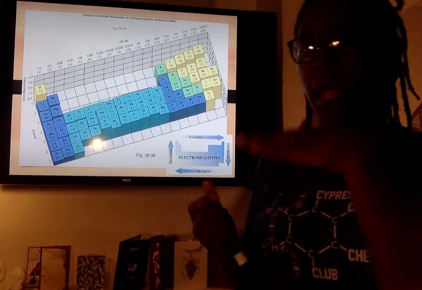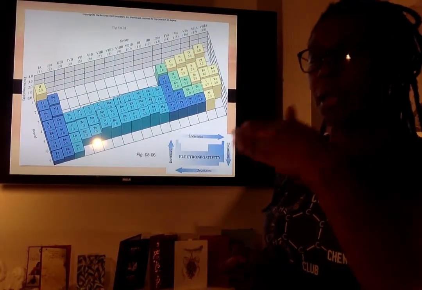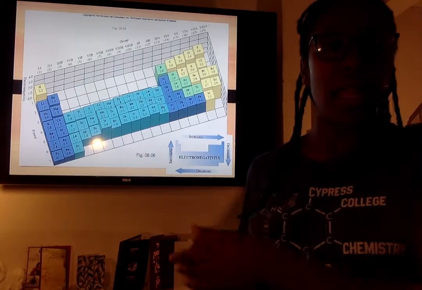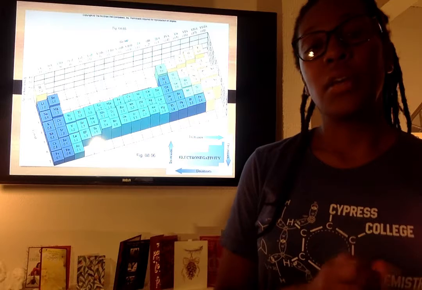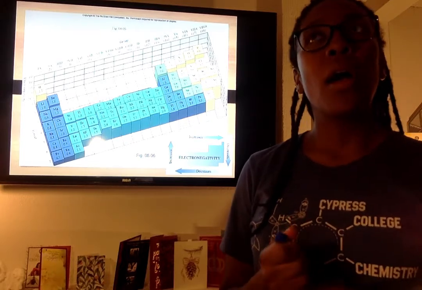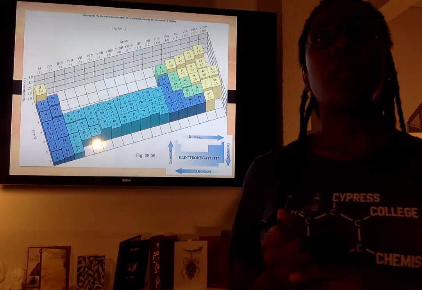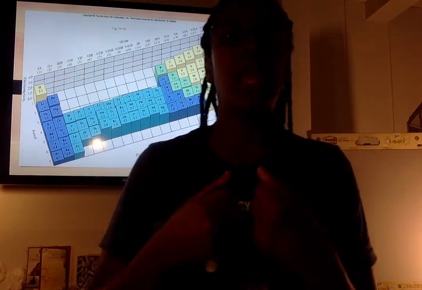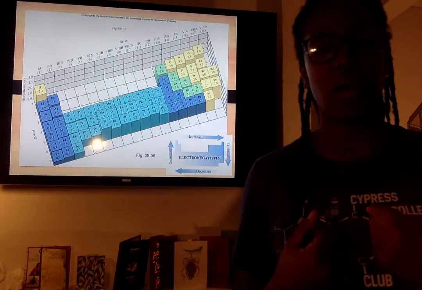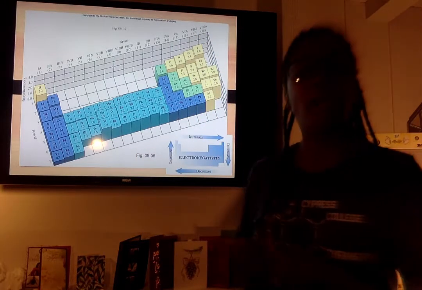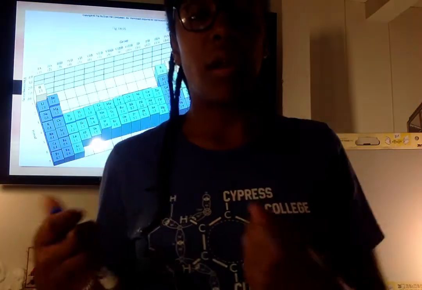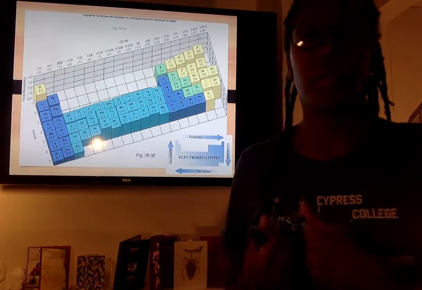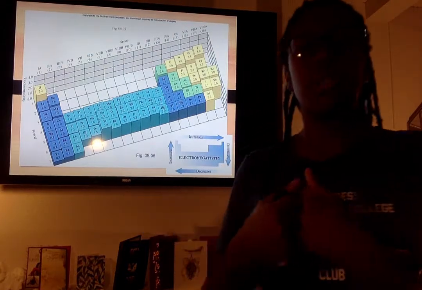And then we did a periodic trend with that, as well as ionization. Ionization is how much energy is needed to take away an electron from something. When you're ionizing, you're taking an electron away, so how easy is it for that electron to be separated?